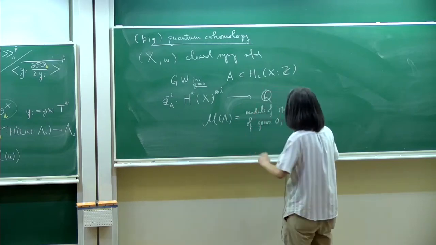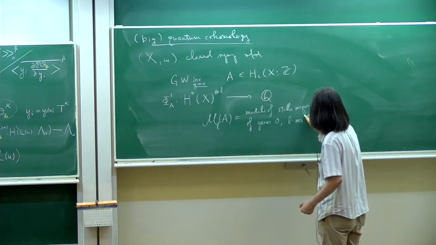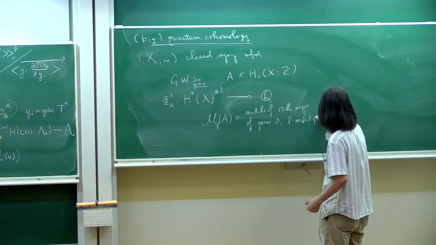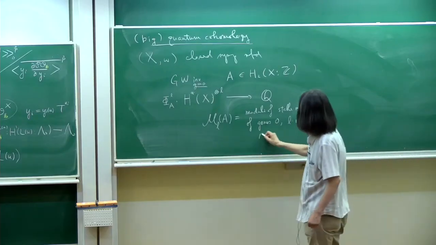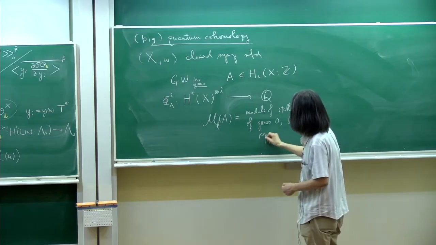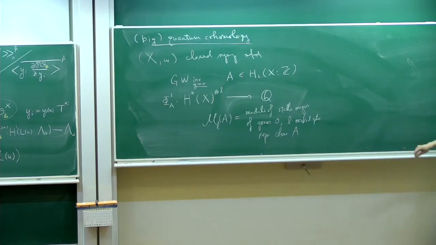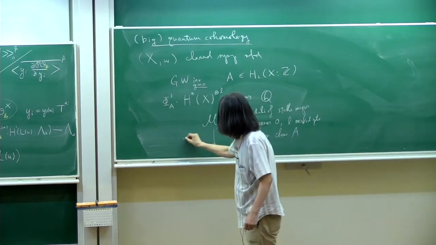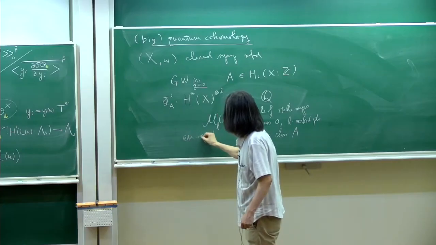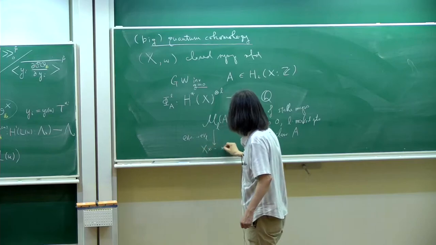And sorry, maybe I just put L here, the L marked points, representing class A. So you consider such a thing. And then we have a bunch of evaluation maps, right? So here I have evaluation maps f_1 through f_L, mapping to X.